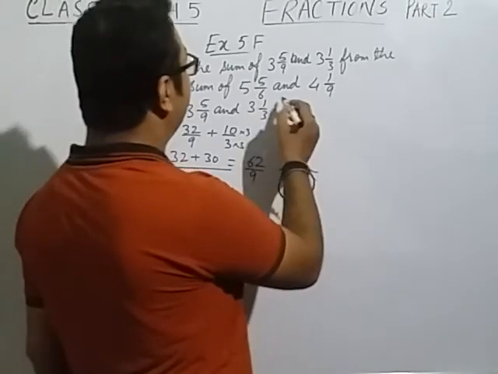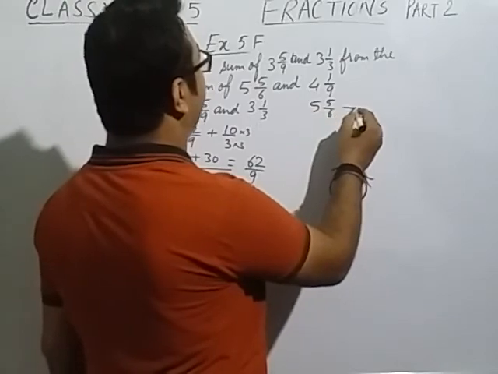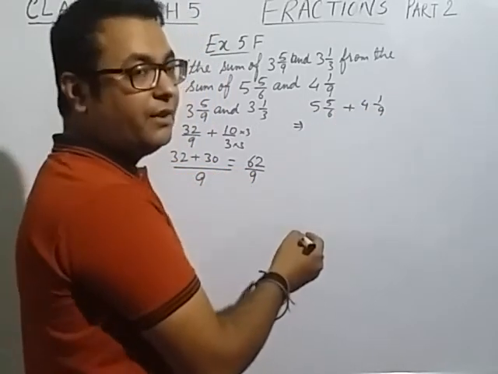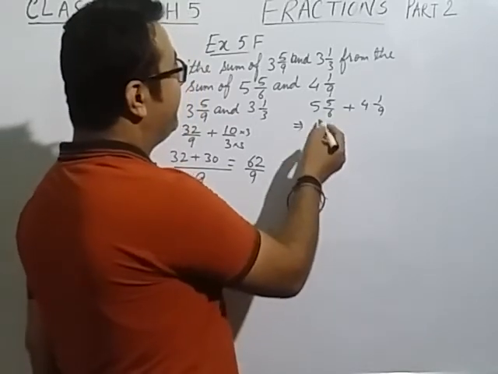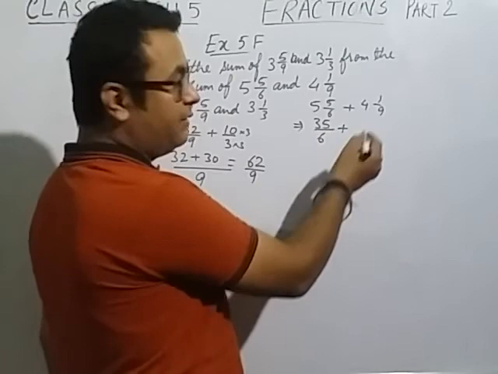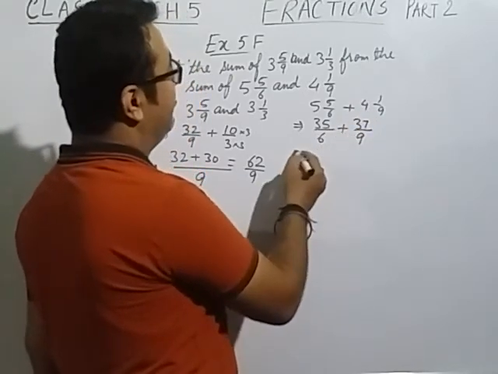Now let us find the sum of 5 whole 5 upon 6 and 4 whole 1 upon 9. So first let us convert it into improper fractions. 5 6s are 30 plus 5, 35 upon 6 plus 4 9s are 36 plus 1, 37 upon 9.